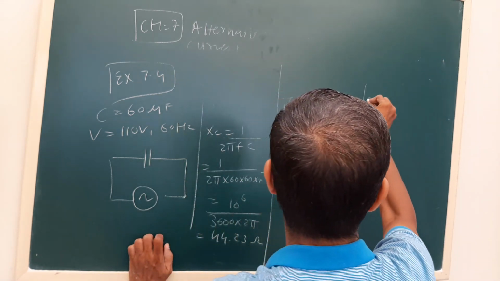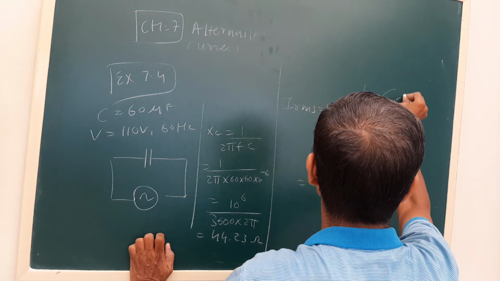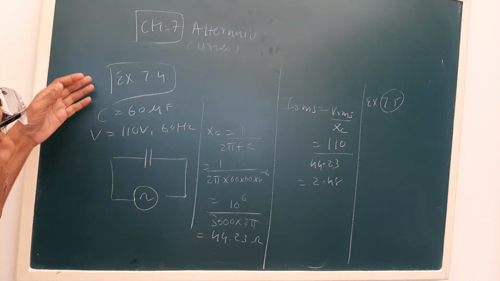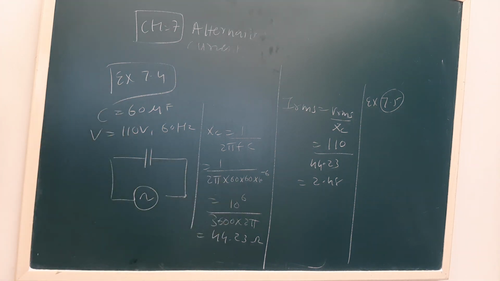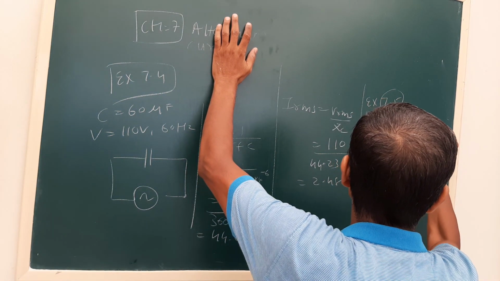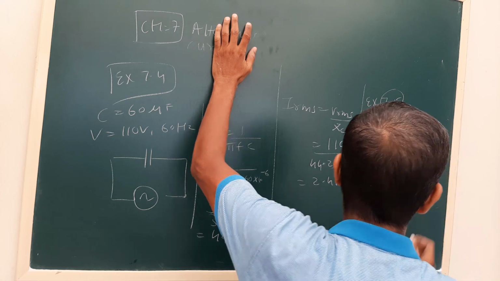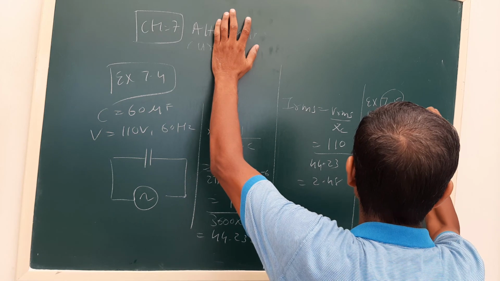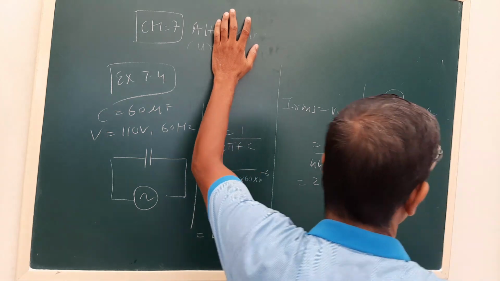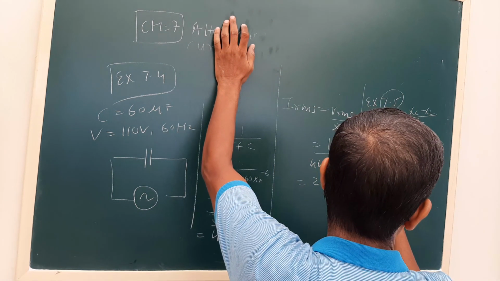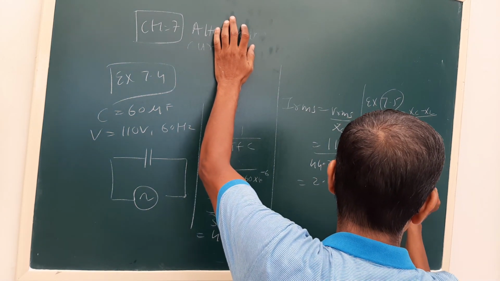Now as I told, see 7.5. The sum is related to exercise numbers 7.3 and 7.4. Here there is only a capacitor. The relation is tan phi is (Xc minus XL) by R. So here also, for the phase difference, tan phi is infinite, so phi is pi by 2.